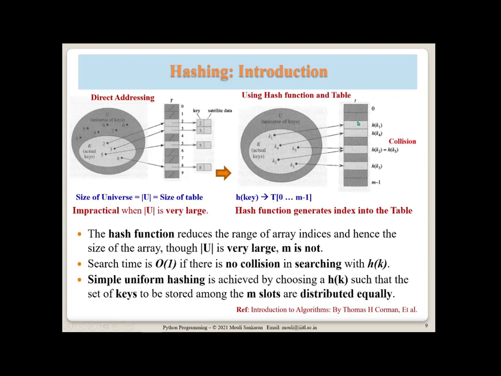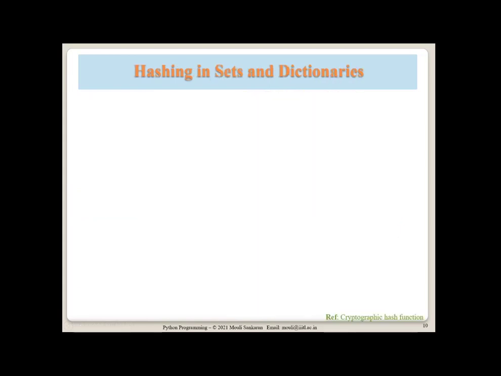It is always finding some empty slots by choosing h of k such that the set of keys to be stored among the m slots are distributed equally. So if you want to store m keys, they are distributed equally, so you don't tend to have a collision in the key, thus reducing the collision.